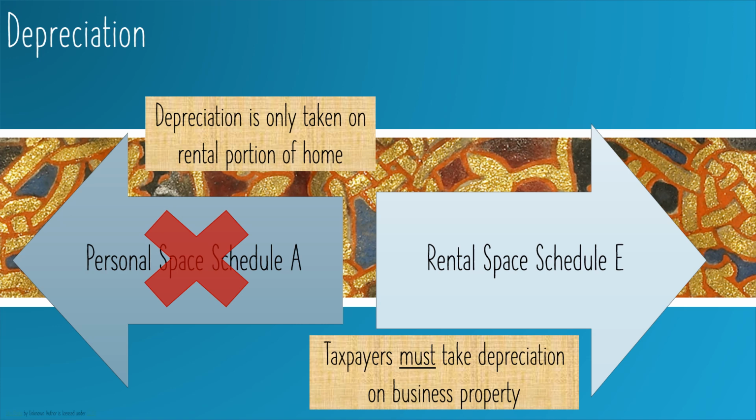And taxpayers are expected to take depreciation on business property. They must take depreciation. This can run some taxpayers into trouble if they don't realize that they're supposed to be taking depreciation, because when they go to sell the home, there's something called a depreciation recapture, and they might find that they owe more money.